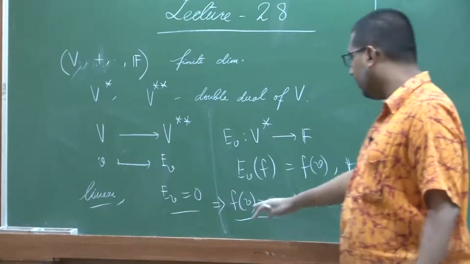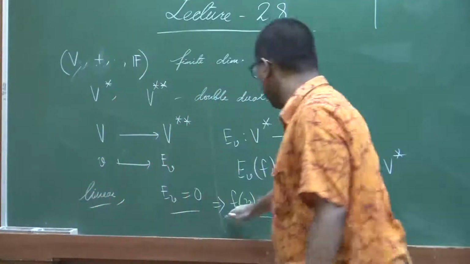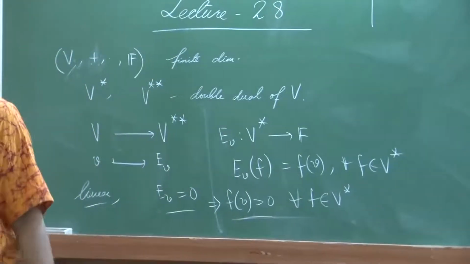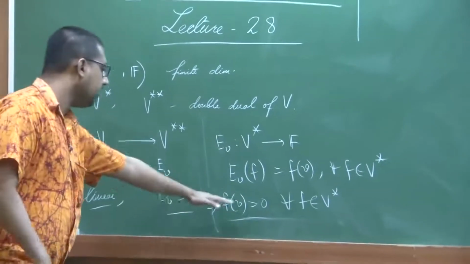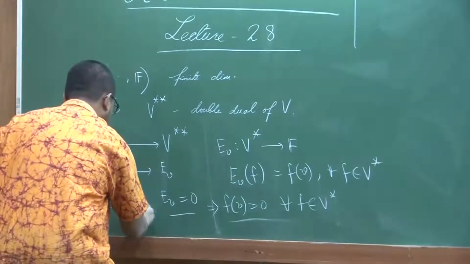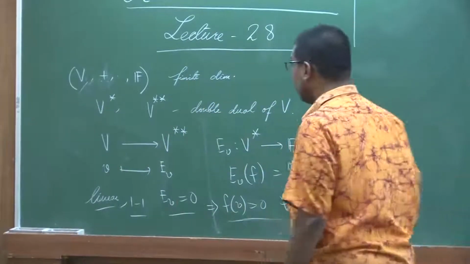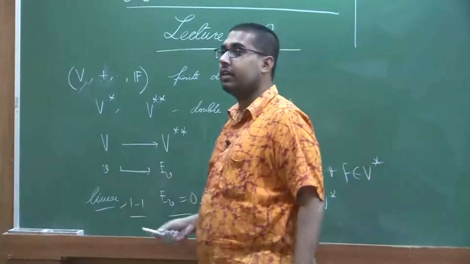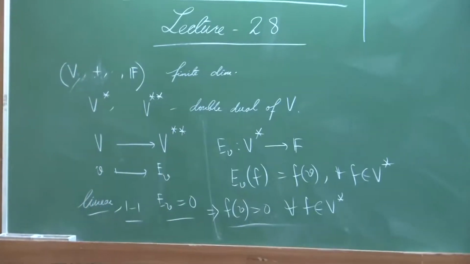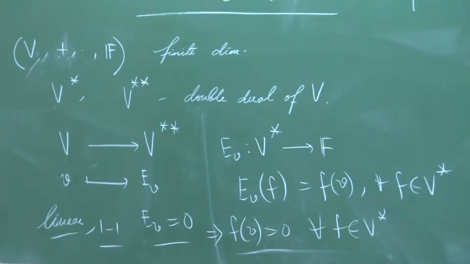If you take f to be the coordinate functions, then this shows that all the coordinates of v with respect to the ordered basis will be 0, therefore the vector v is itself 0. So, this is one-one, and that is very interesting now, because we know that for any finite dimensional V, dimension of V equals dimension of V star, and dimension of V star is the same as dimension of V double star.